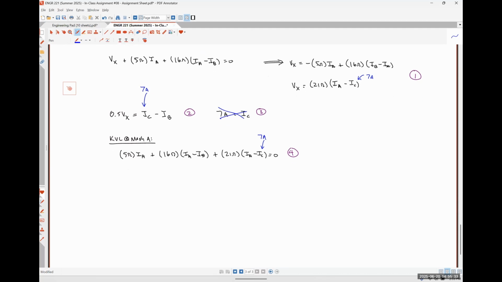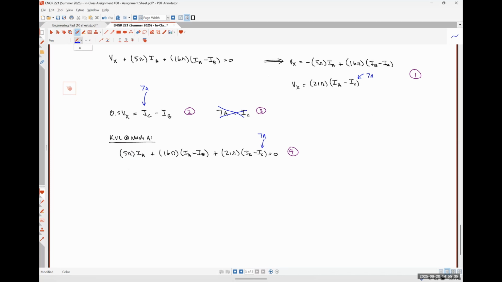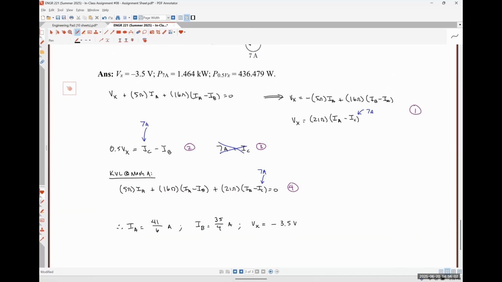And assuming I haven't made some mistake here, which is always possible, knowing me, I got IA as 41/6 amps, IB as 35/4 amps, and VX as negative 3.5 volts.